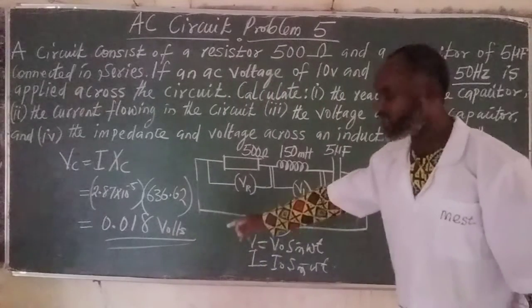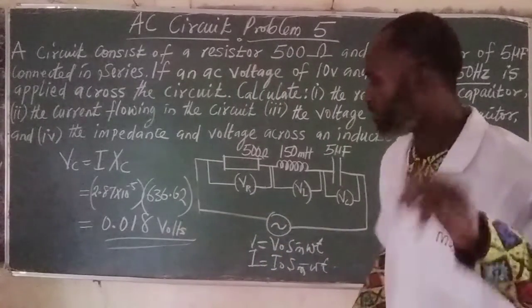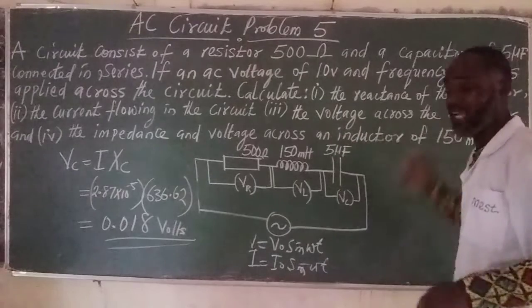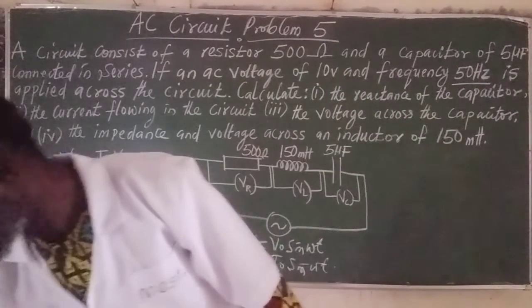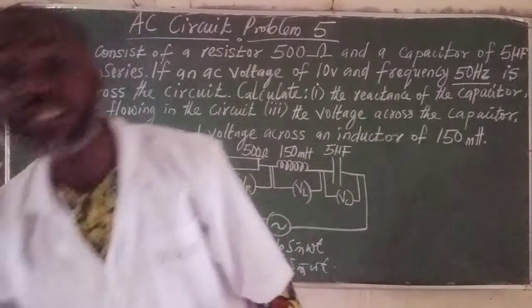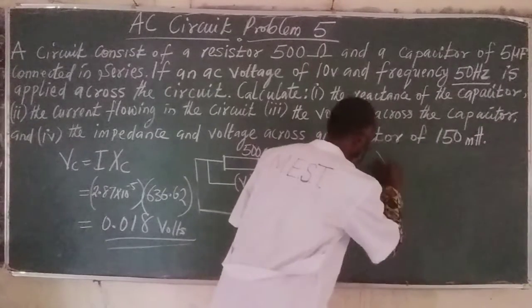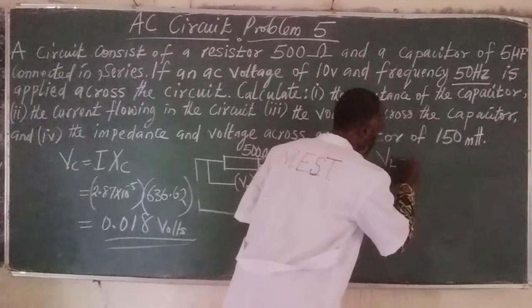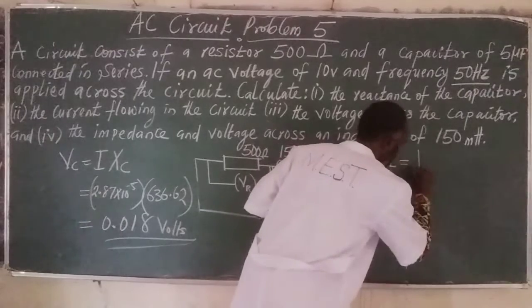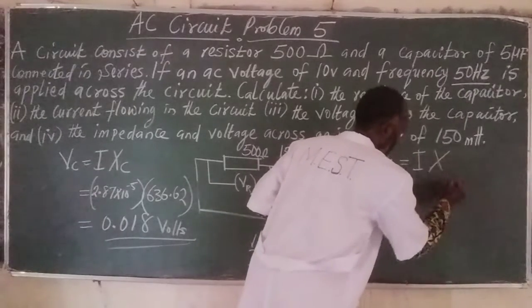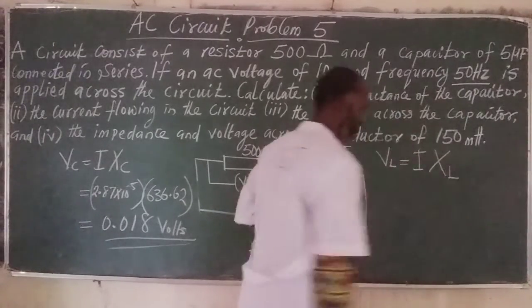We have found this. We need to find the voltage across the inductor. So the voltage across the inductor, that is VL, is given as the current flowing in the circuit times the inductive reactance XL.